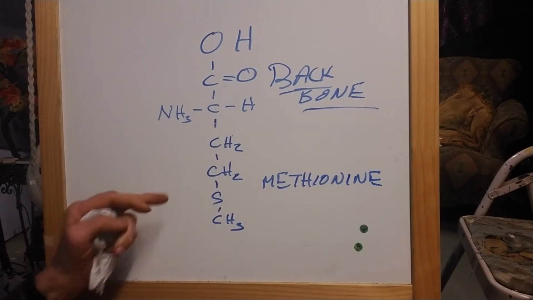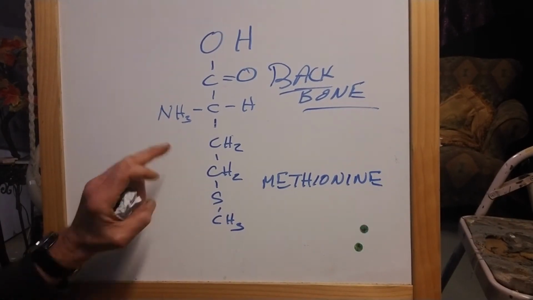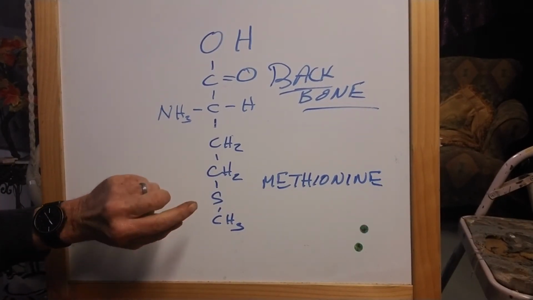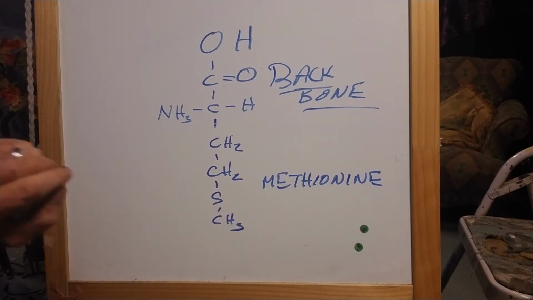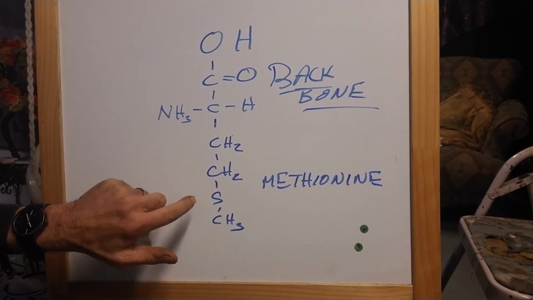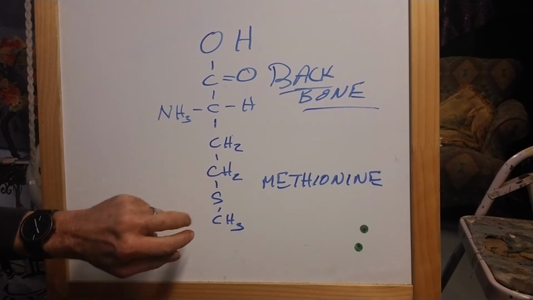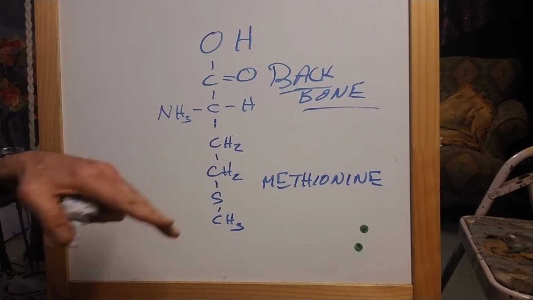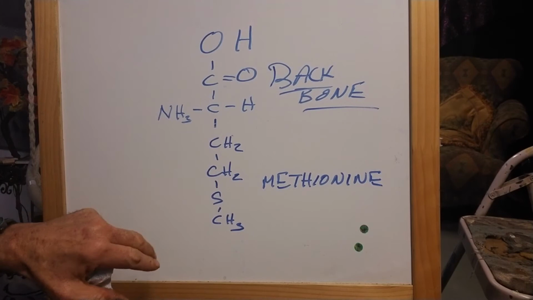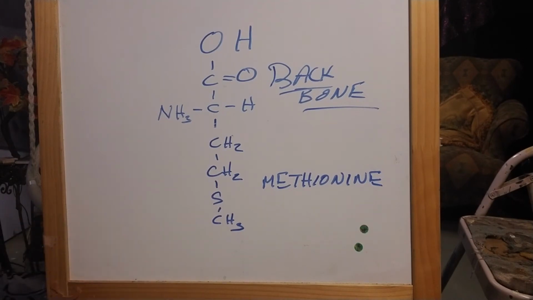Okay, so you can see how the attachments are different. This is an essential, by the way. It all comes from eggs too, but you can see where it has a sulfur. The body can make the other sulfur-containing amino acids from this one.